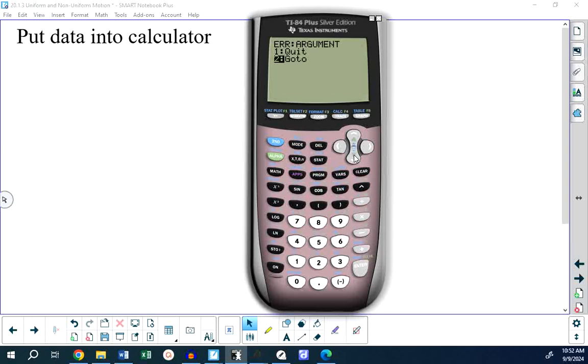I'm puzzled as to why I am getting an error. Oh, unarchive. Four. Clear all lists. So now when I go stat edit, it's done.